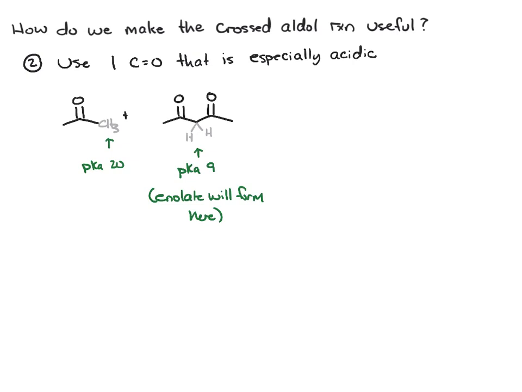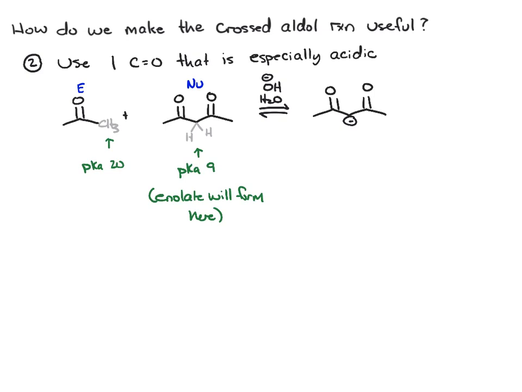That means this will be our nucleophile, this will be our electrophile. So if we subject this to base, we're going to form the enolate, the dicarbonyl compound. And I'm going to just draw a simple resonance structure where the negative charge is on the carbon.